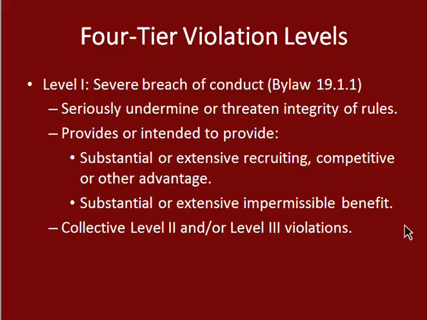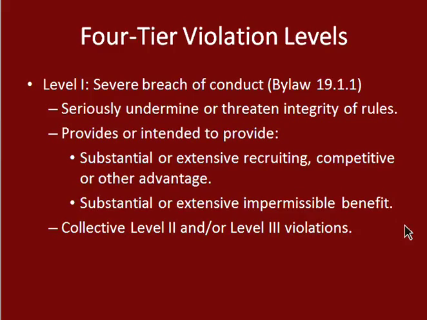And we'll talk in one of the strategy slides about upgrading of a Level 3 and a Level 2 case. And we'll talk about some of the strategies that you can use to develop arguments to keep cases at the level that you think they should be, versus where the enforcement staff or the hearing panel may disagree.